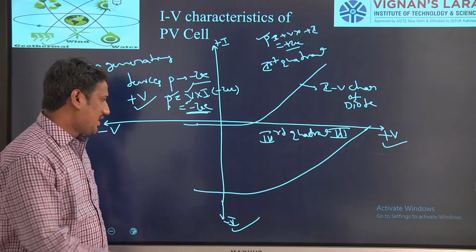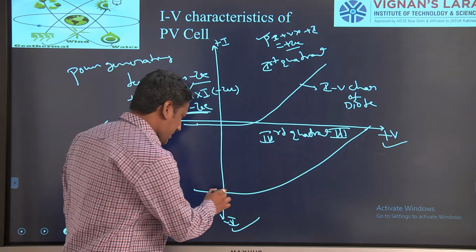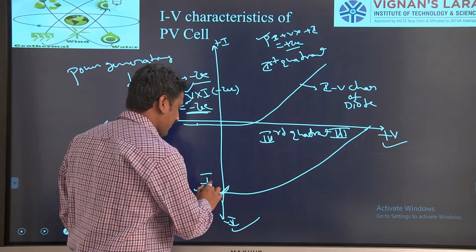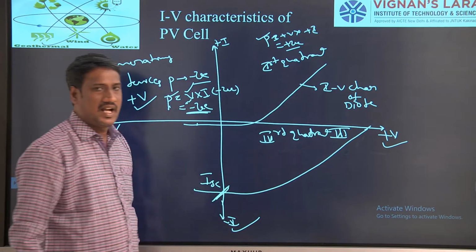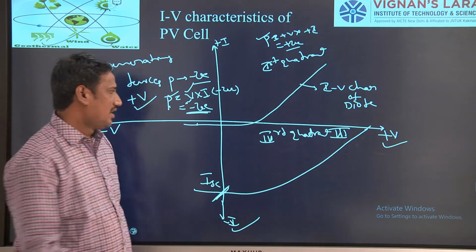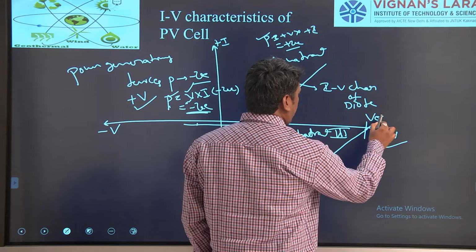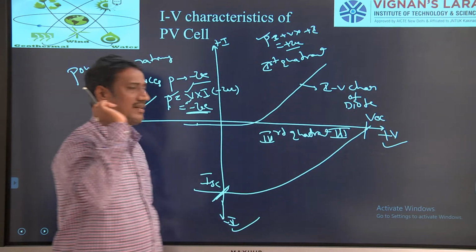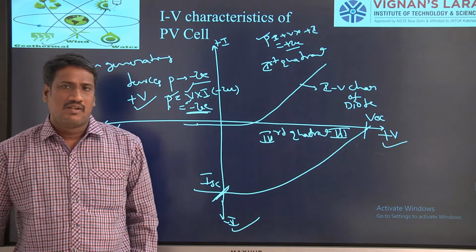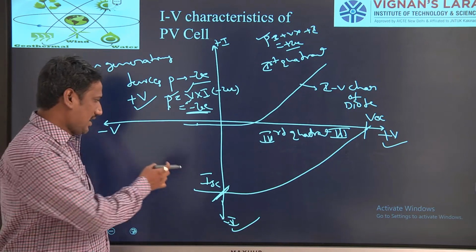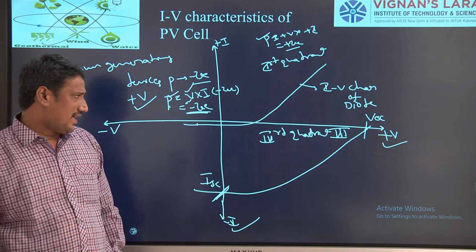Here this portion can be called as ISC, short circuit current, and this portion can be called as VOC, open circuit voltage. These are the characteristics of a PV cell.